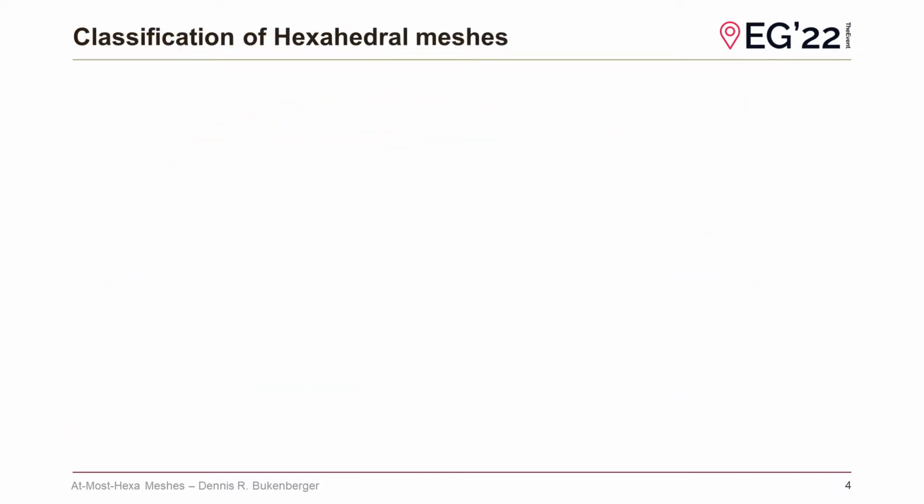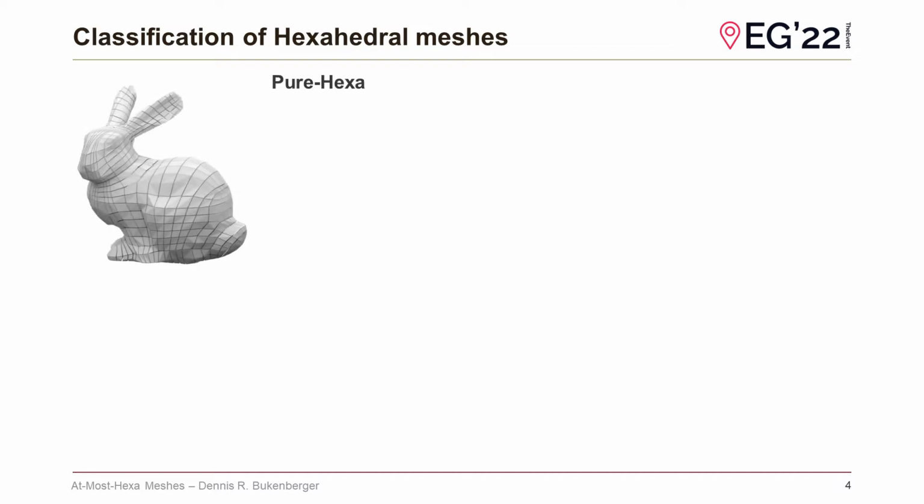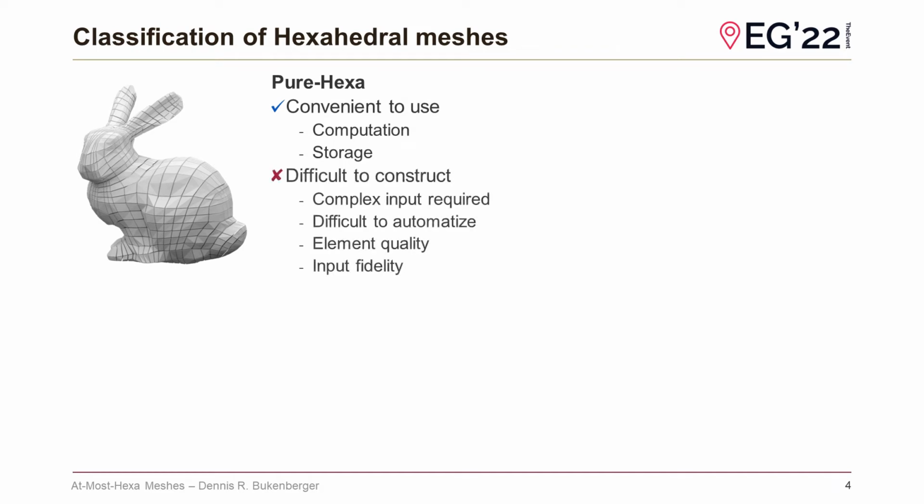Now a quick overview on the classification of current state-of-the-art hex meshing procedures. First, we have all-hex methods, which are great, because if you have only one type of primitive, that is very convenient for computation and storage. But then they are difficult to construct as they require complex input, sometimes even created manually.